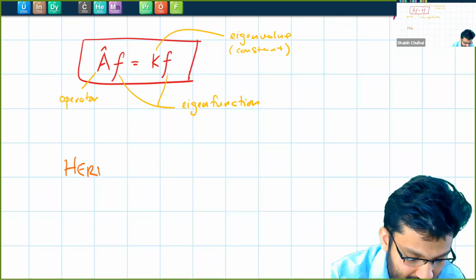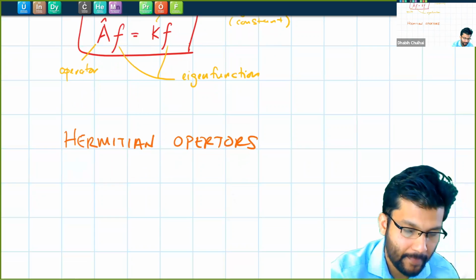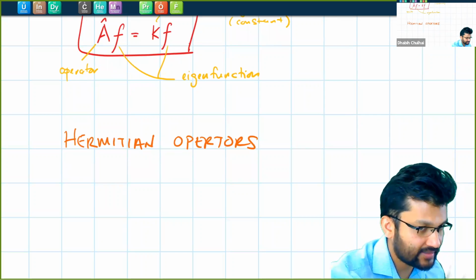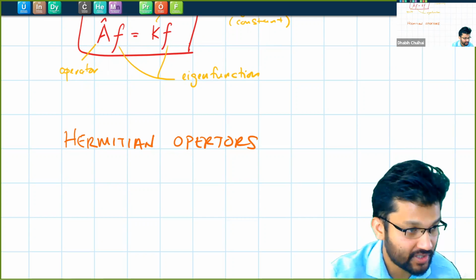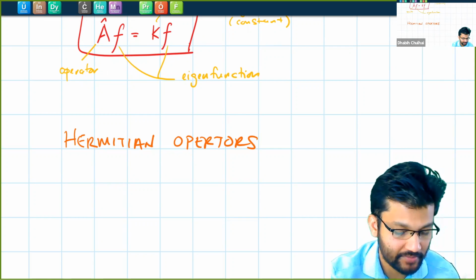So let's look at this last one, Hermitian operator. I said that in quantum mechanics, an observable is related to an operator, but the operator must be Hermitian.